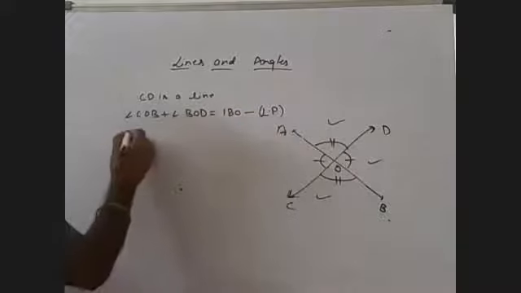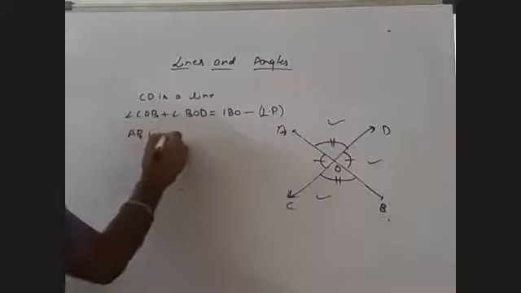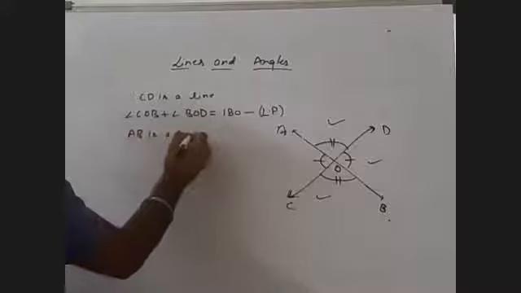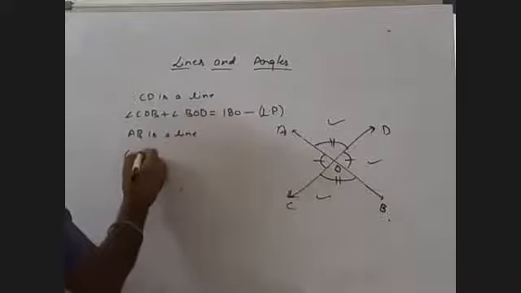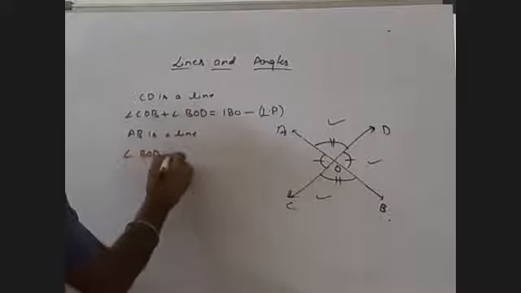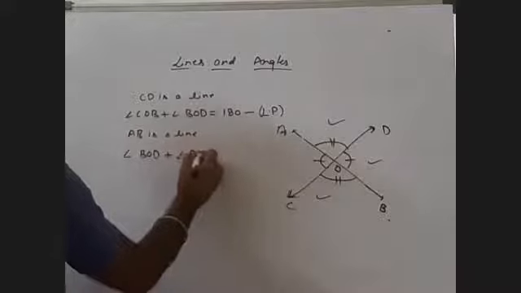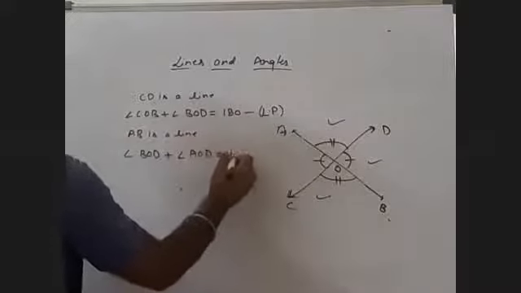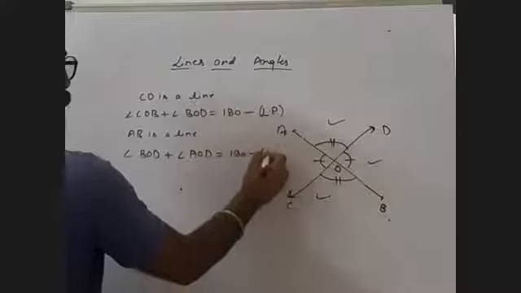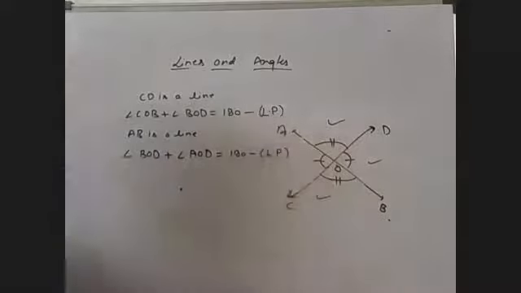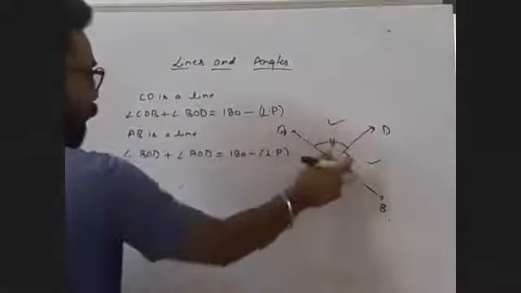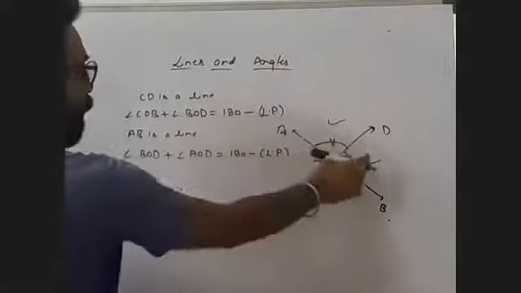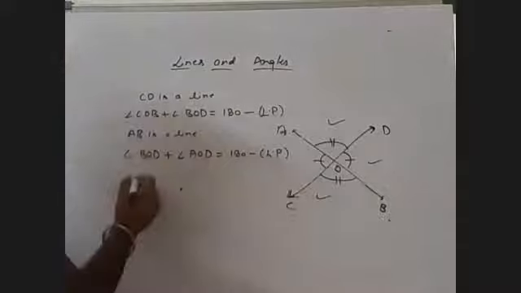Similarly, AB is a line, so angle BOD plus angle AOD is equal to 180 degrees, reason being linear pair. This is a straight line and the other line is cutting it at one point, so the sum of these angles will be 180 degrees, linear pair.